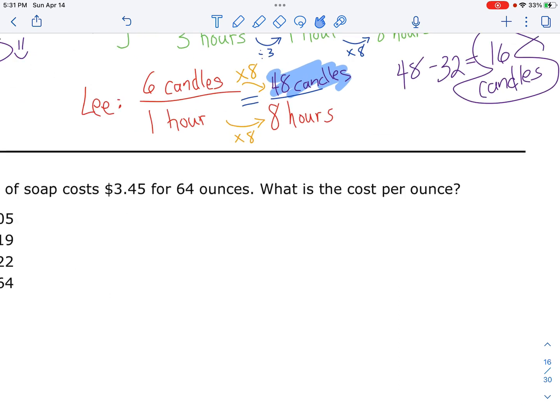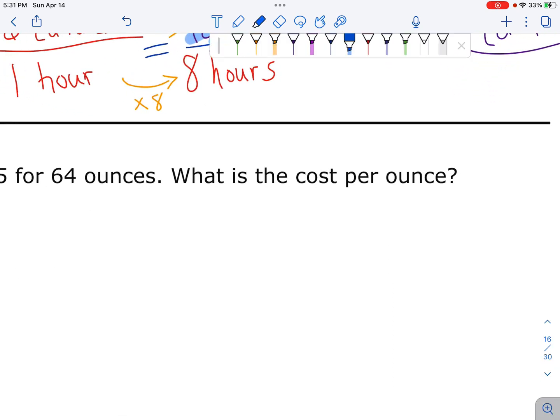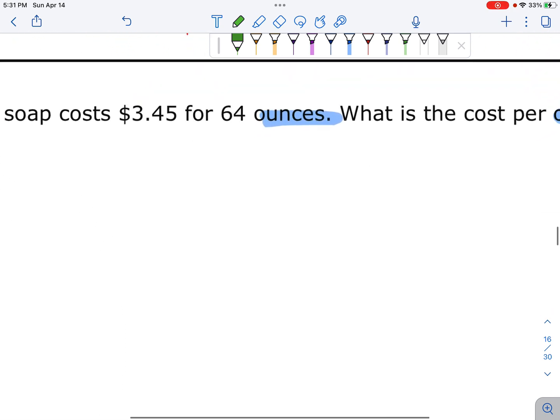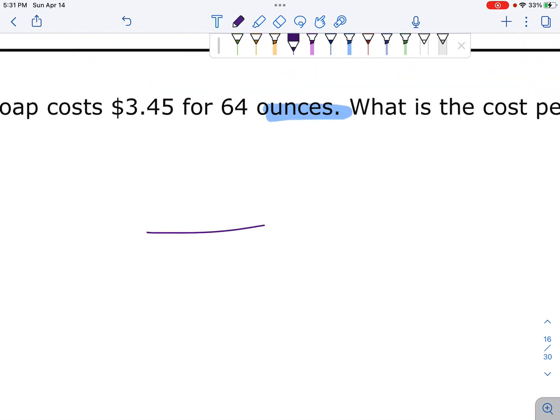What is the cost per ounce? I notice that this says ounce and this says ounces, which means we want exactly 1. But we don't buy 1 ounce, we buy 64 ounces. So we'll write 64 ounces on the bottom, and we're going to change that into 1 ounce.